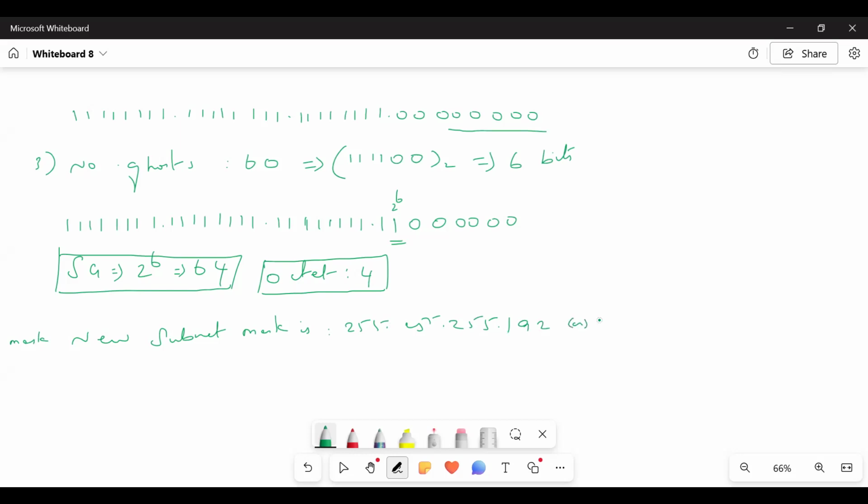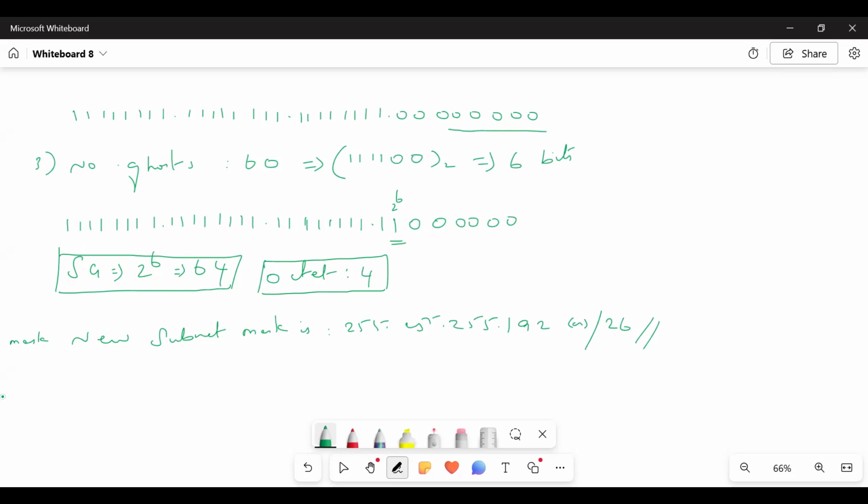In slash notation, how can we write it? Number of ones: 8, 16, 24, 25, and 26. That is CIDR notation. So this is the new subnet mask for that particular network.